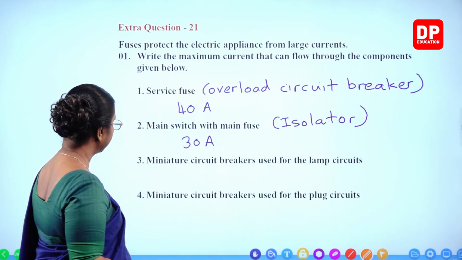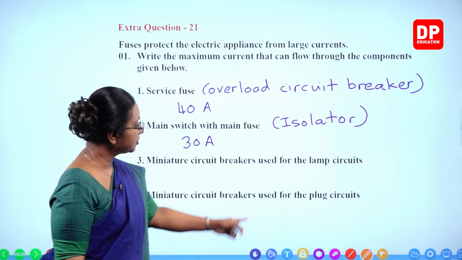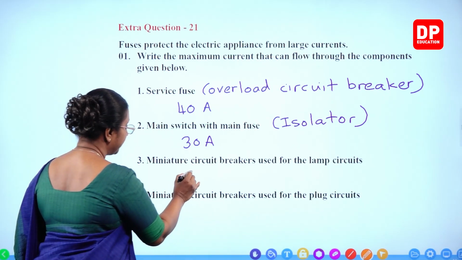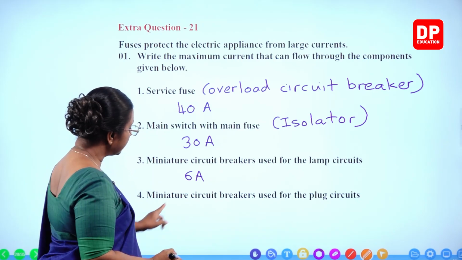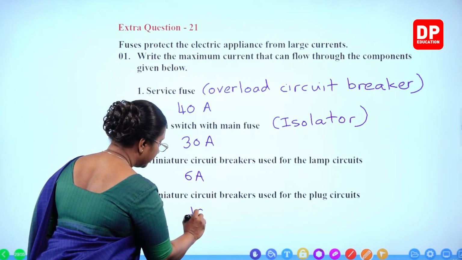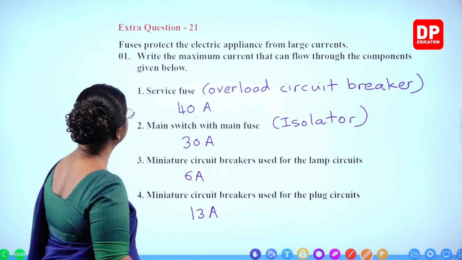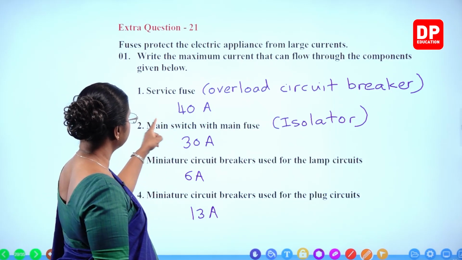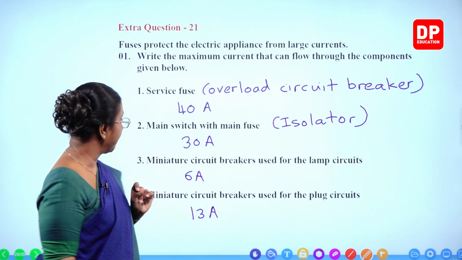You can remember that. Then miniature circuit breakers used for the lamp circuit. What is the maximum current? 6 amperes. And miniature circuit breakers used for the plug circuit, maximum current is 13 amperes. So you have to remember all these. Service fuse or the overload circuit breaker contains the service fuse, maximum current 40 amperes.